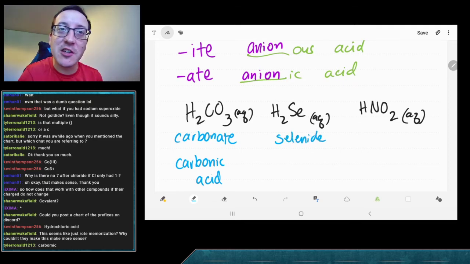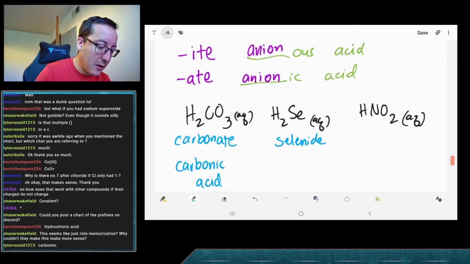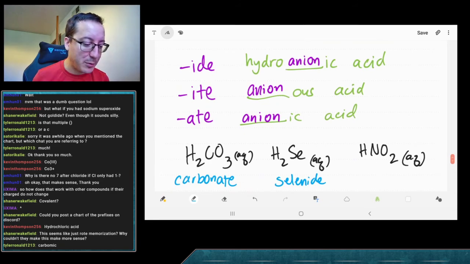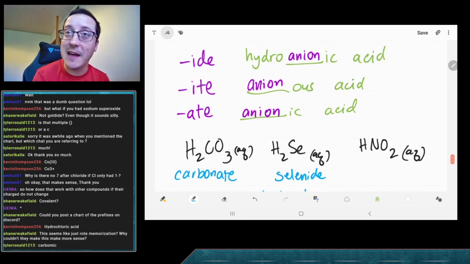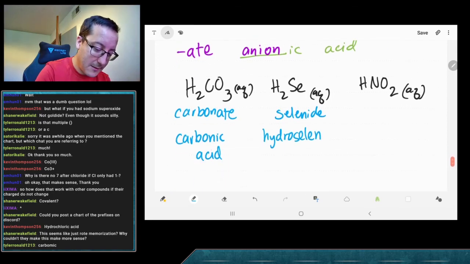Remember, if it's just one element by itself, it typically takes the "ide" ending. So if it's "ide," we have to put hydro at the start, then the part without the "ide," so selen, and then "ic acid."